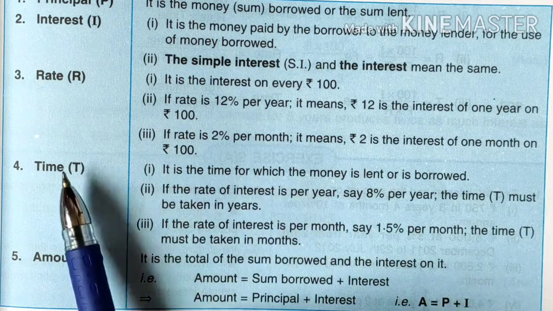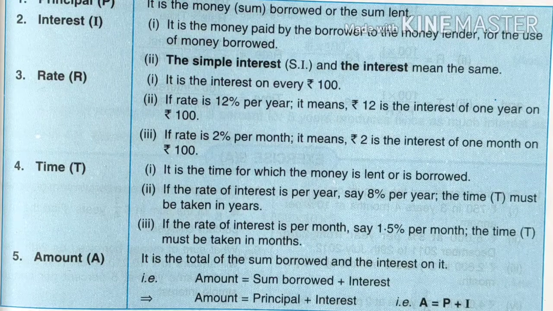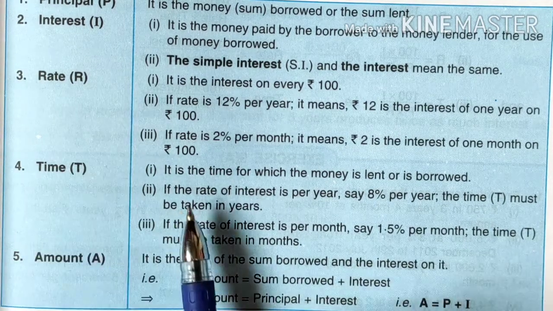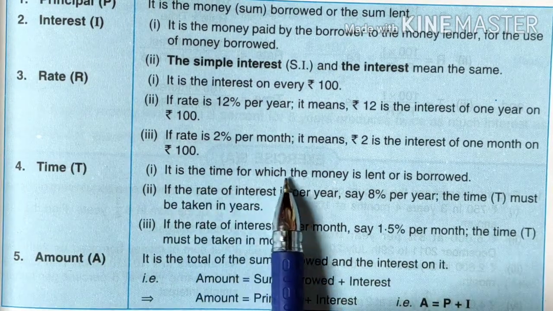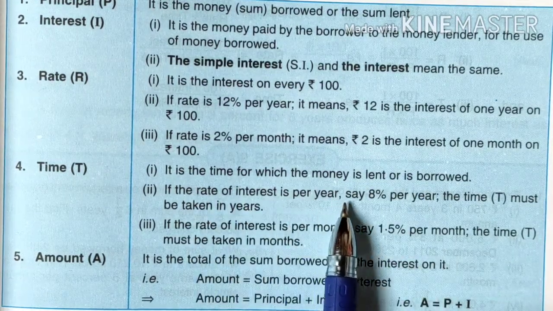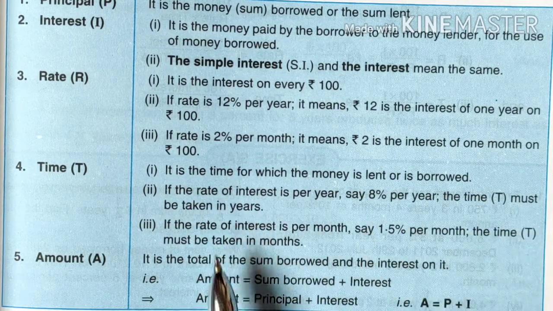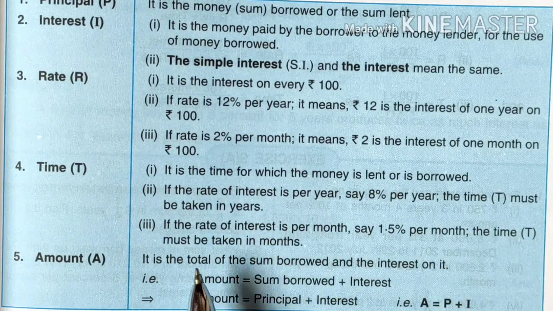If we have taken the loan for 2 years, the time will be 2 years. If we have taken the loan for 8 years, the time will be 8 years. It is the time for which the money is lent; if the rate of interest is 8% per year, the time must be taken in years.